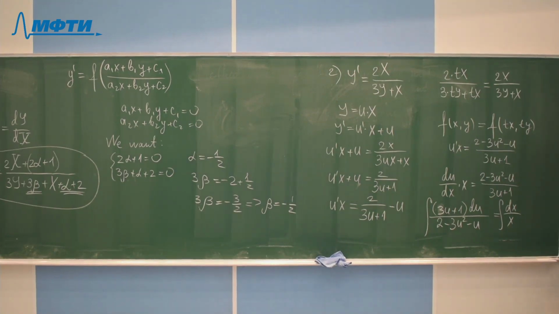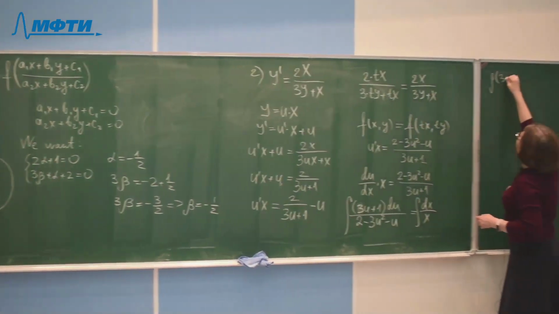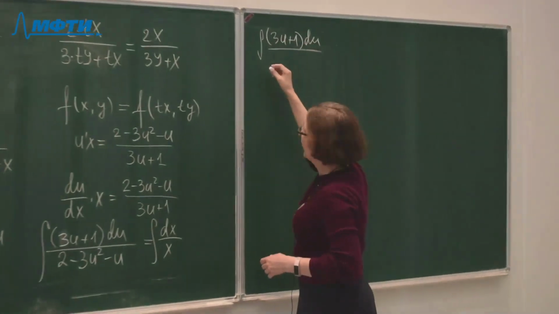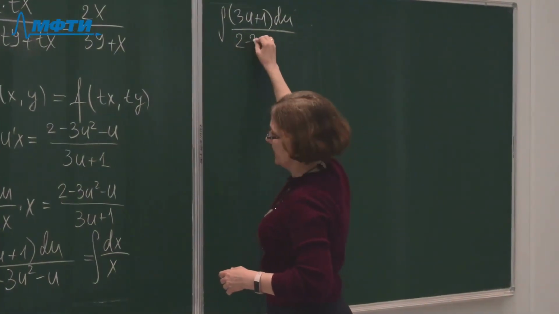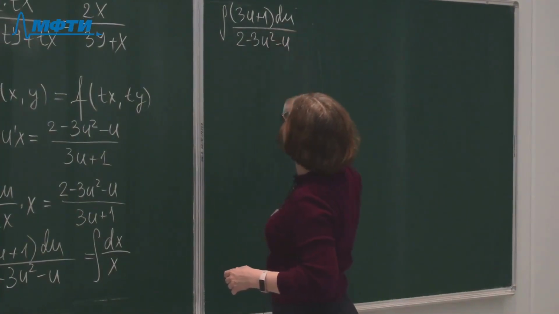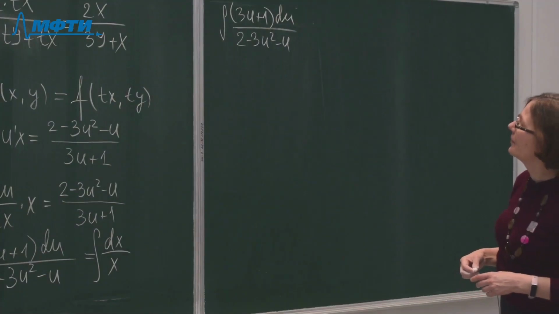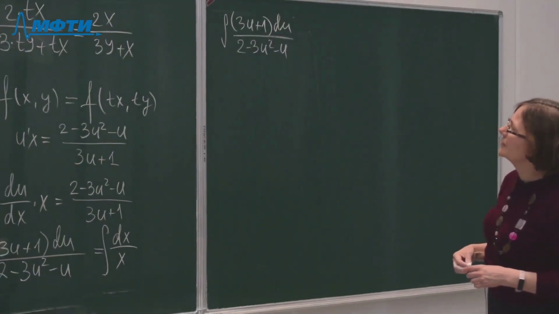So let's try to solve this one: 3u plus 1 du over 2 minus 3u squared minus u. How to solve this differential equation?